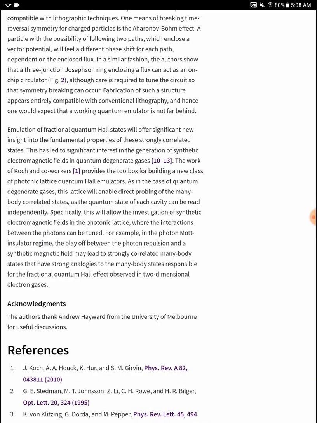One means of breaking time reversal symmetry for charged particles is the Aharonov-Bohm effect. A particle with the possibility of flowing along two paths, which enclose a vector potential, will feel a different phase shift for each path, dependent on the enclosed flux.